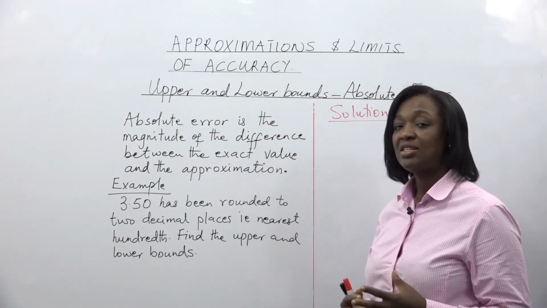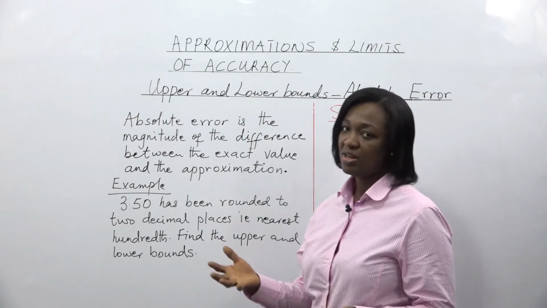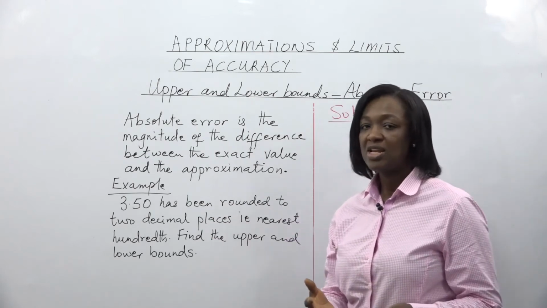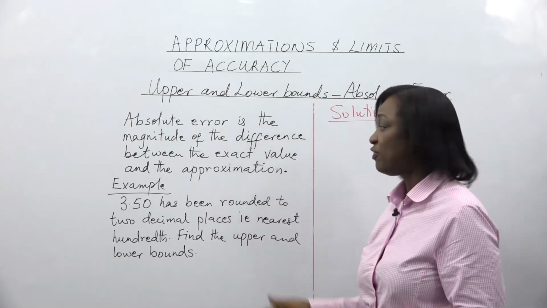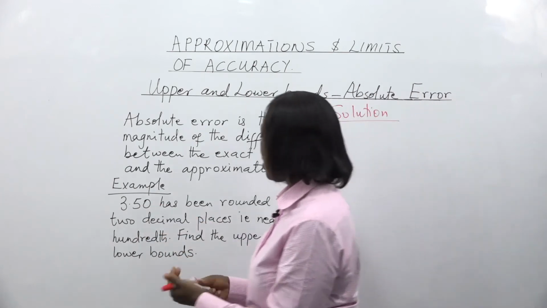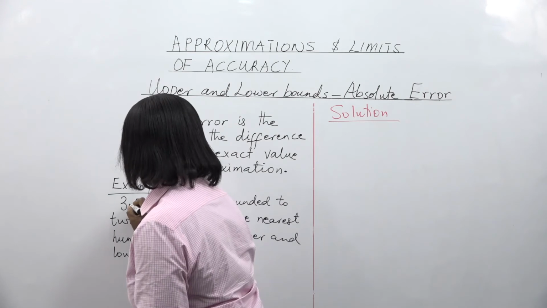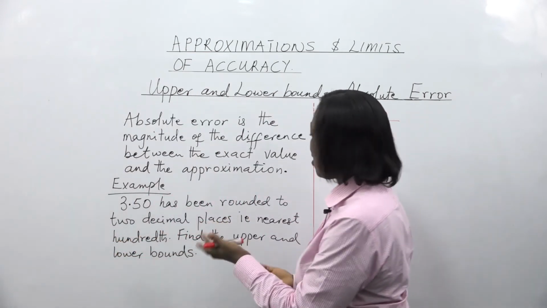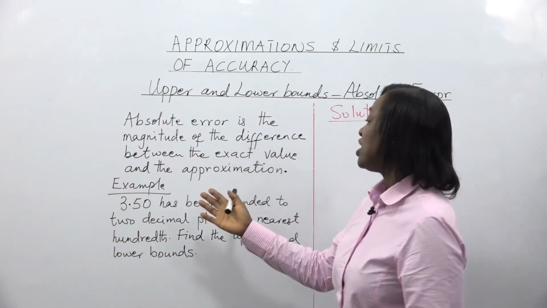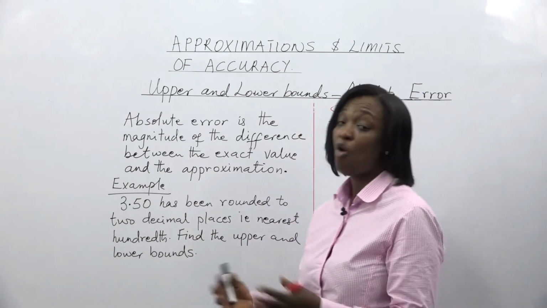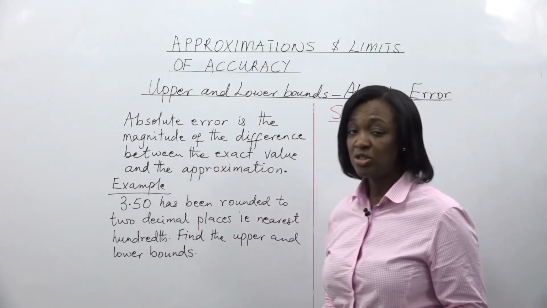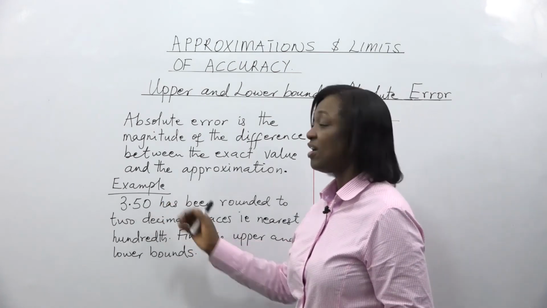Remember, we mentioned that if you have a number rounded, there are several exact values that could have rounded to that number. So for example, 3.50 has been rounded to 2 decimal places. So we had a number, let's say 3.54, and it was rounded to 2 decimal places to give us 3.50.